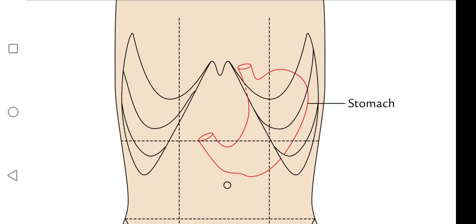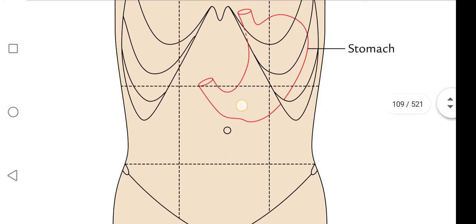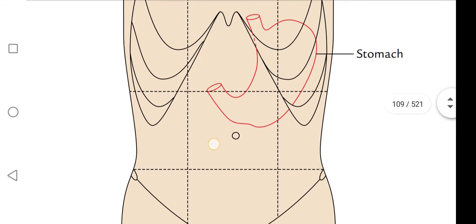We need only three regions now. Umbilical region, this is at the center. On the upper sides, this is the left hypochondriac region, and this is the epigastric region.